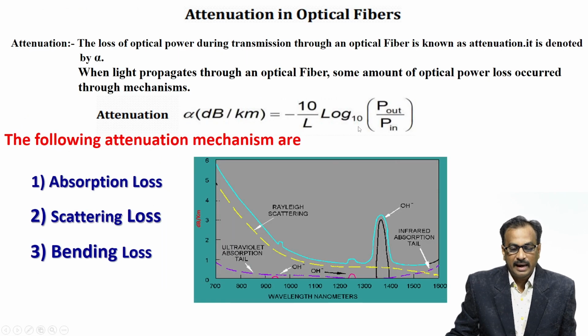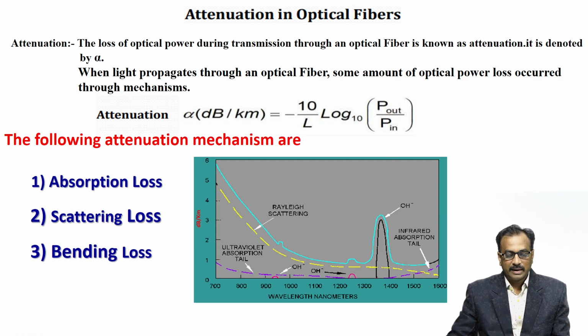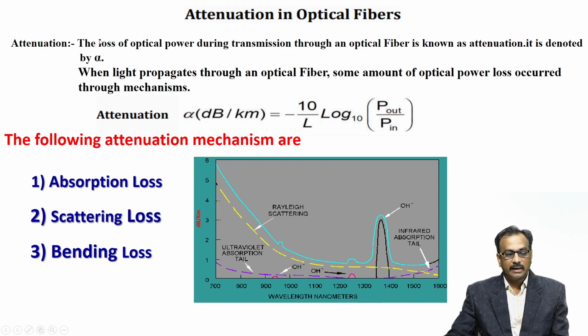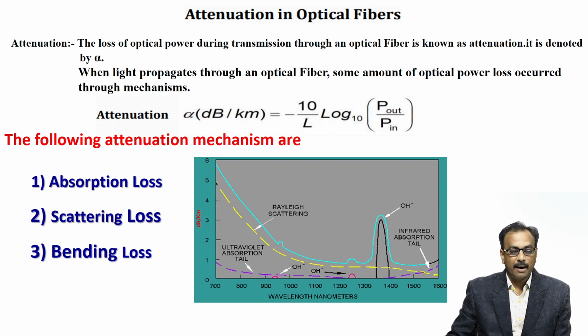Now, when light transmits through the optical fiber, some signal loss can occur. That is called attenuation in an optical fiber. The loss of optical power during transmission through an optical fiber is known as attenuation. It is denoted by alpha.